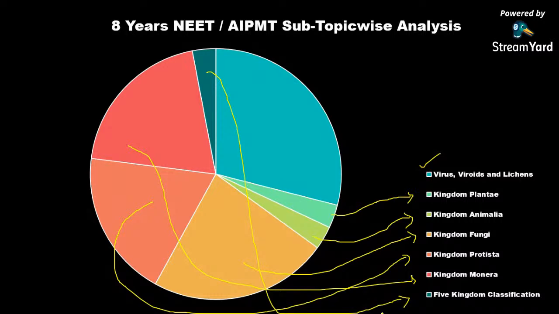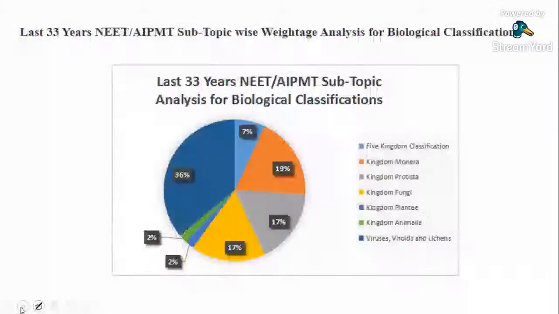As per the last 33 years of NEET or AIPMT, you can see that 36% of the questions are from virus, viroids, and lichens. Then 19% you have kingdom Monera, 17% kingdom Protista, and 17% in the same weightage kingdom Fungi. 2% each for kingdom Plantae and Animalia, and 7% for 5 kingdom classification.